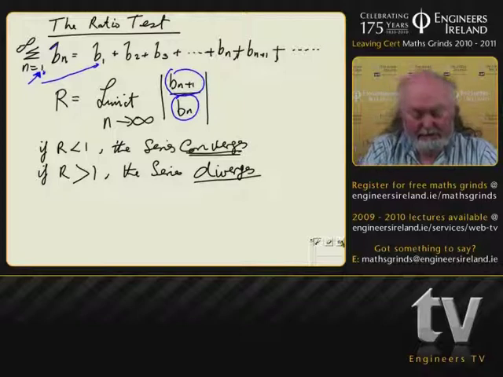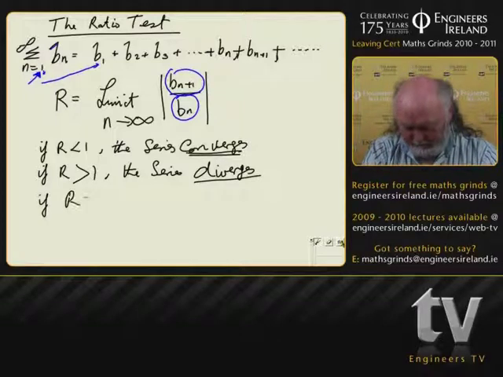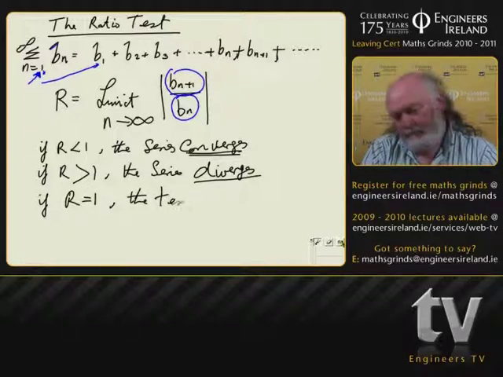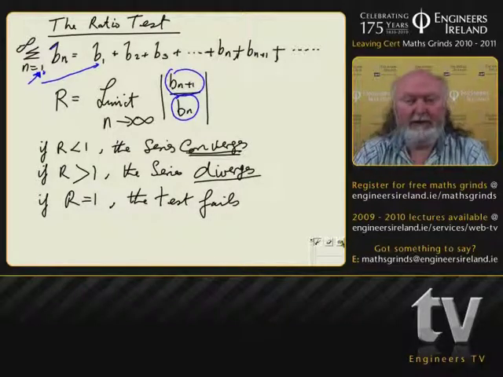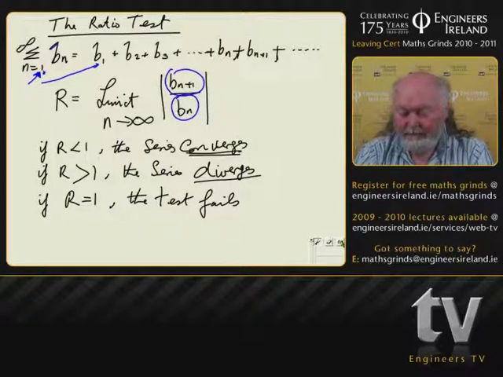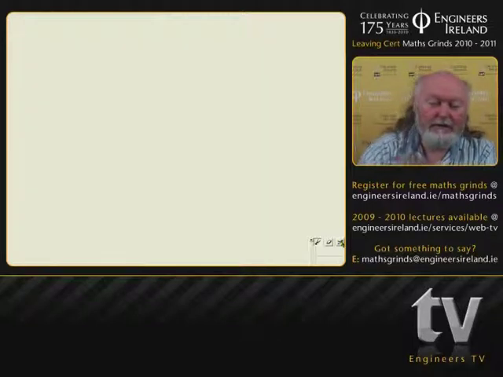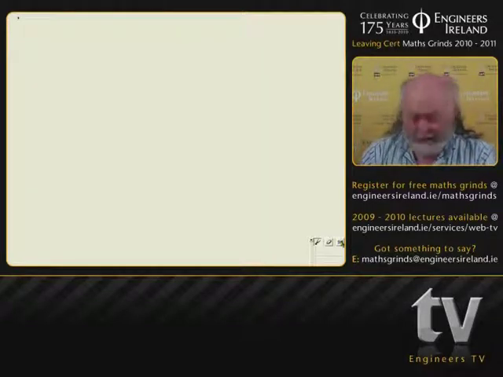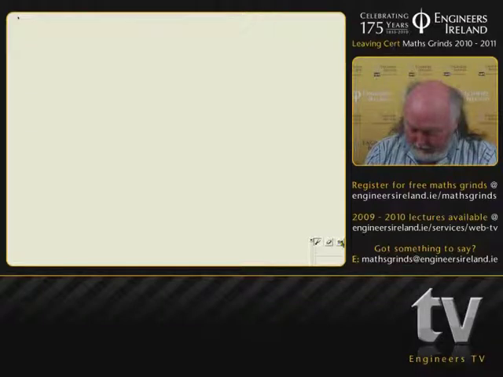It diverges, it does not converge, when r is greater than 1. When you get an answer of 1, you can't say that it will or that it will not converge. It's just that the test fails. This is the only one of these types of tests that you have for the Leaving Cert.